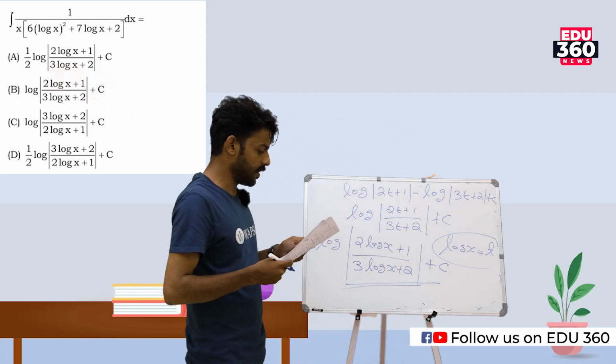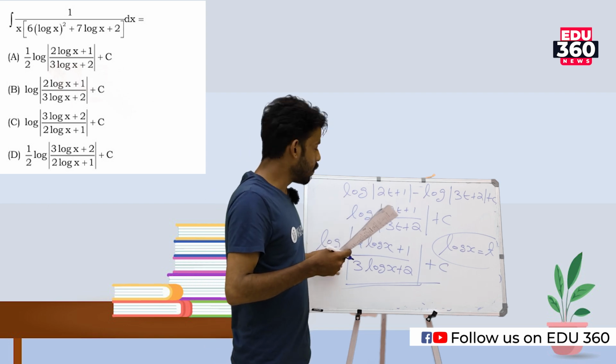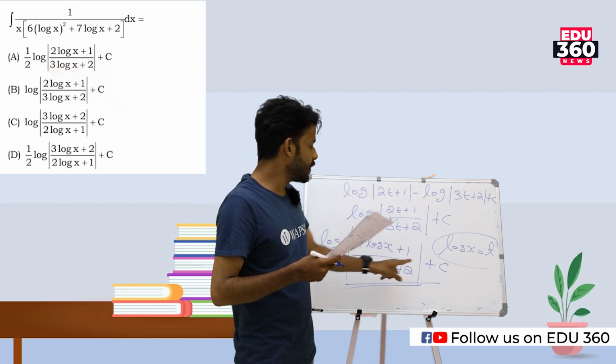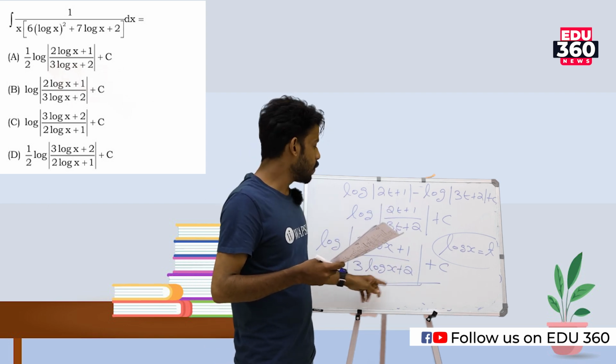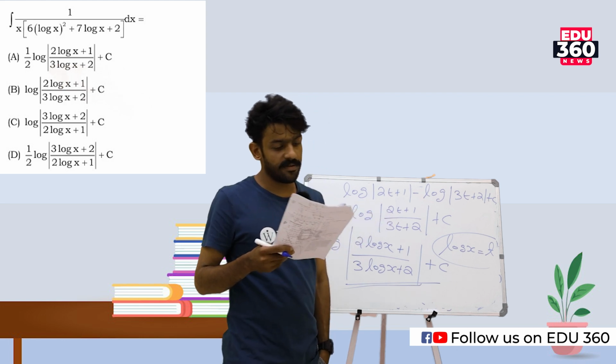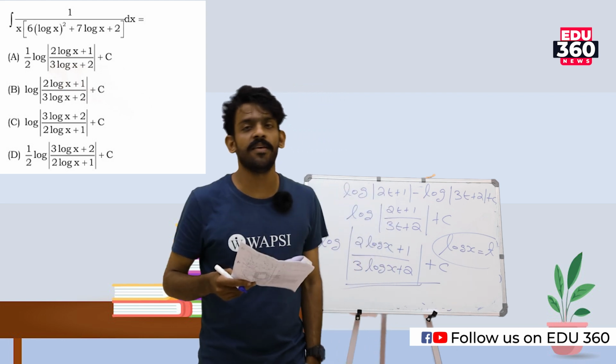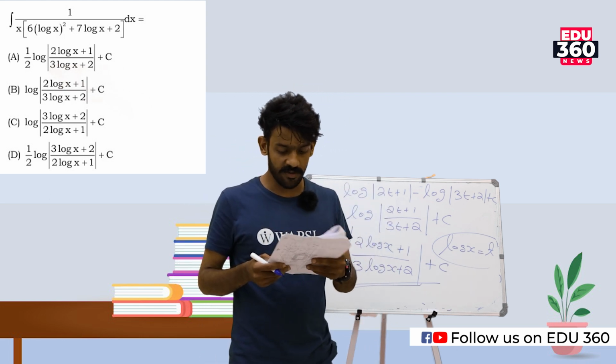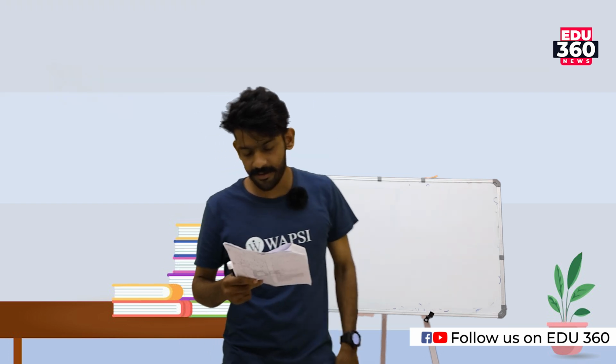Yes, plus c. That is log of 2 log x plus 1 divided by 3 log x plus 2, plus c. That means option B is the correct answer for this question. Okay, so my dears, we can move on to the next question.